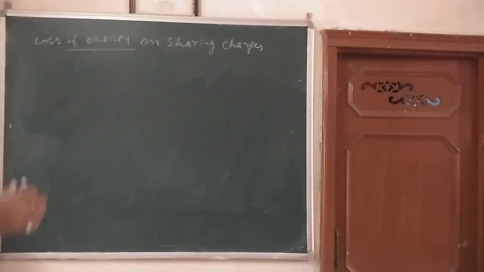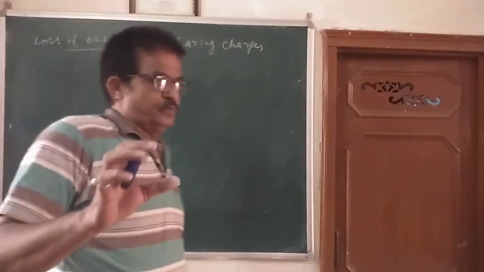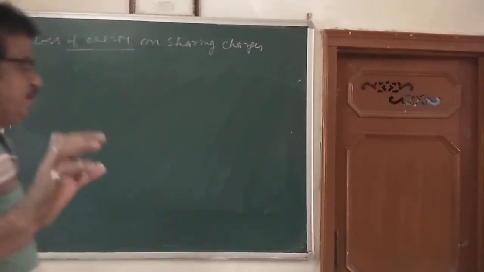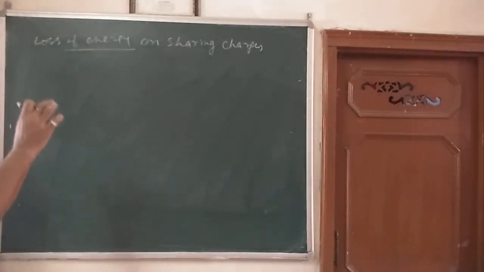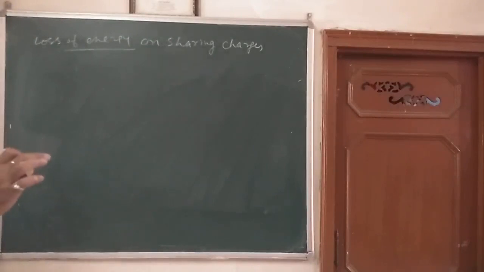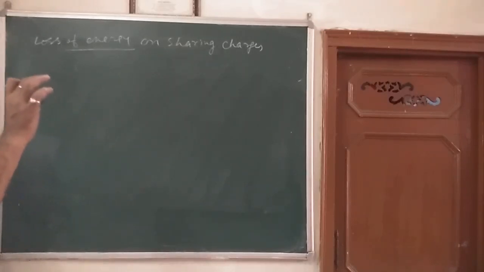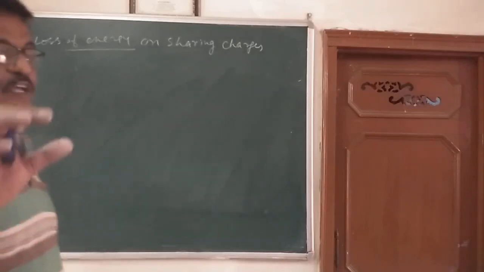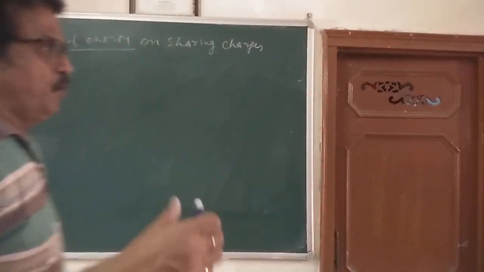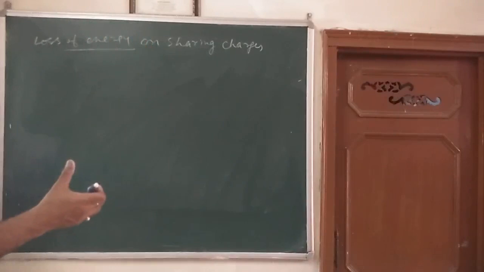When charges are shared between the two bodies, we can say no charge is lost. However, हम ये जरूर कहें no charge is lost, but some energy is dissipated in the form of heat. In the form of heat, some energy is dissipated, so some energy is lost on sharing the charges.